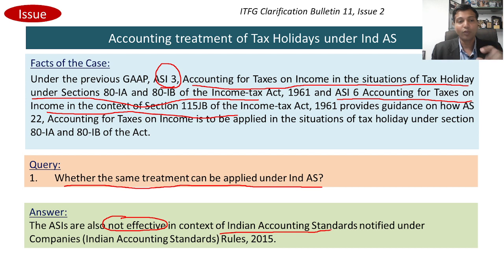So ASI was part of AS as explanation. However, for Ind AS, these interpretations are not being taken as a part of explanation. So notified Ind AS does not include ASI reference. So the first and very important thing is that the ASIs are not effective for Ind AS.